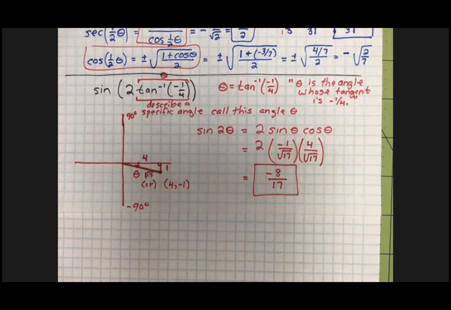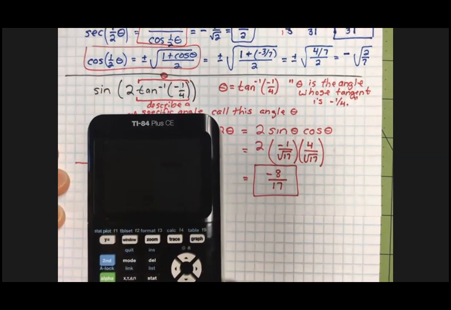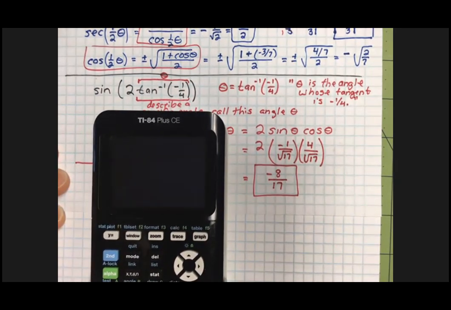Now, I'm just kind of curious if I can verify that with a calculator. I could get a really good response from my calculator, or I just could get an acceptable response. So let's try it. I don't need the drawing anymore, so I'll cover it up.